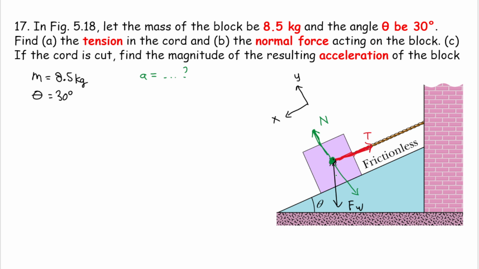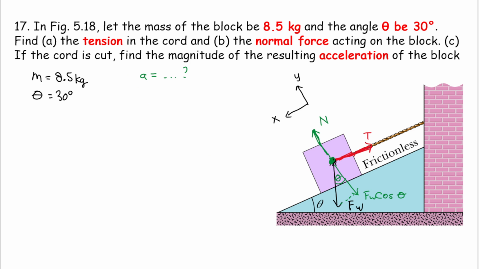And the trick is this angle is the same as this one. So this is theta. And so this force here is FW multiplied by the cosine of theta. Okay, and that is the projection for the y-axis here.